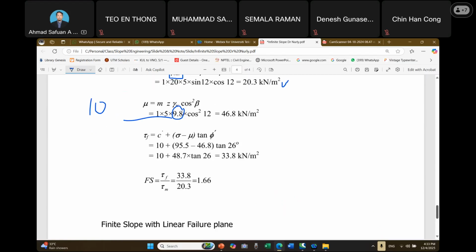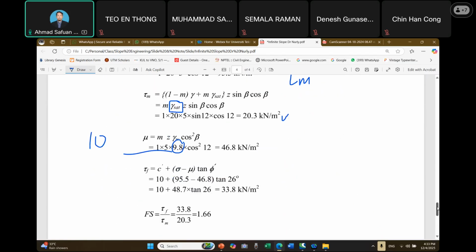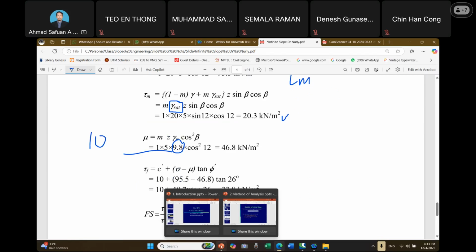So this is the use of the M approach. You need to look at the slide.